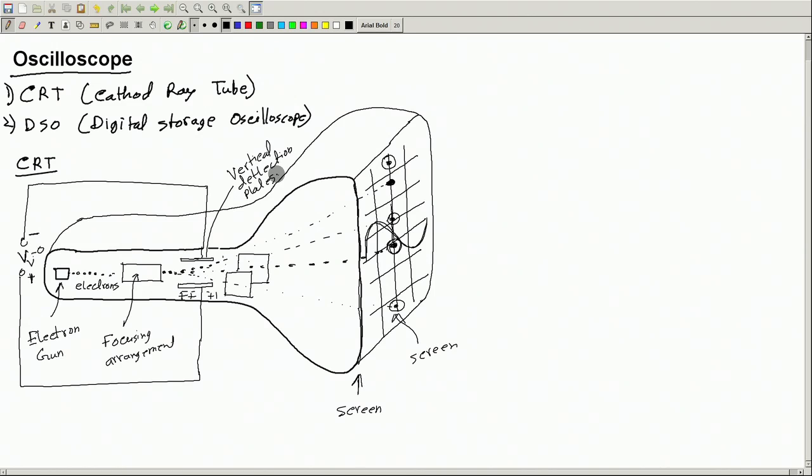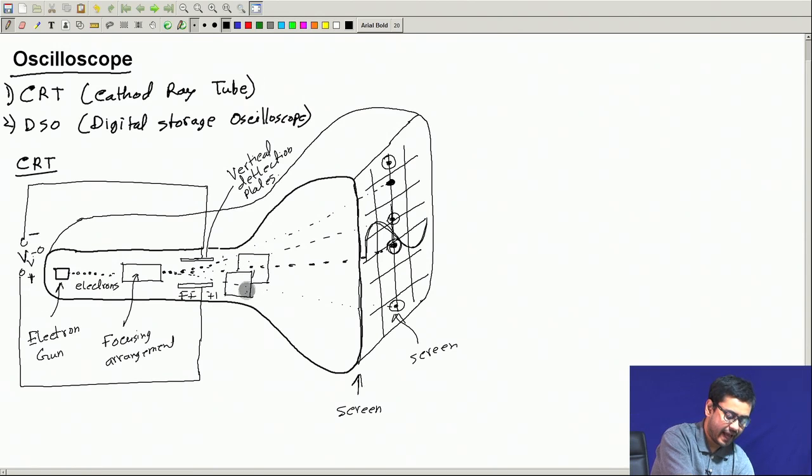Similarly, I have two more plates which are put horizontally. One towards me and this is away from me, and I can again apply some voltage between these two plates like this.